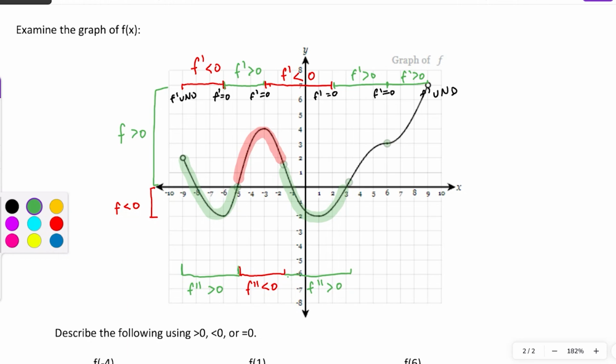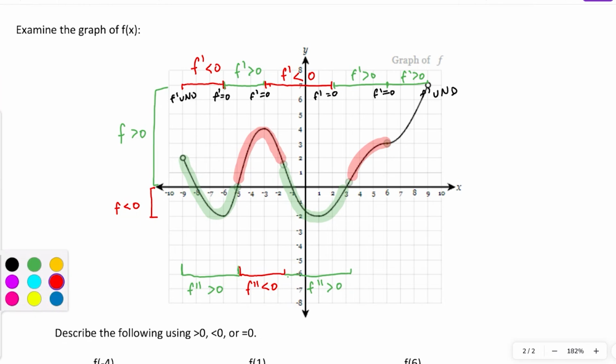Then from 3, or about 3.1, I'll just call it pi, to about 6, we have another interval where the graph is concave down. So the second derivative is going to be negative.